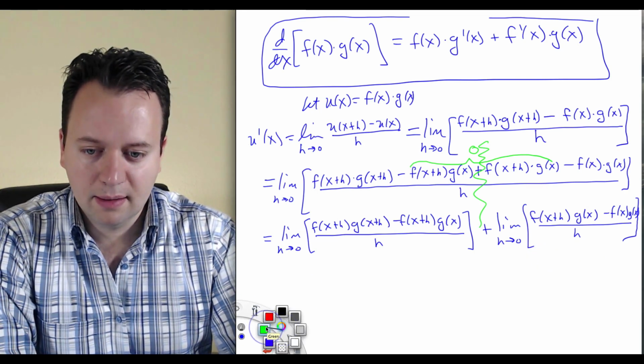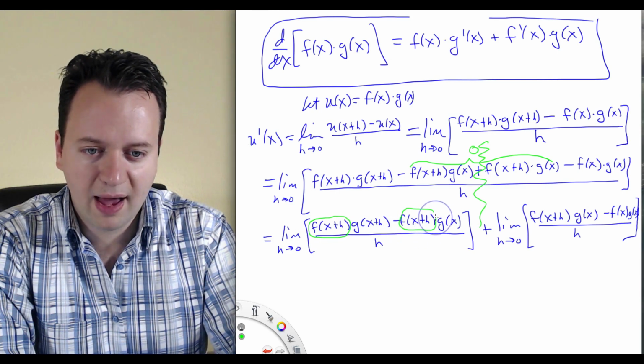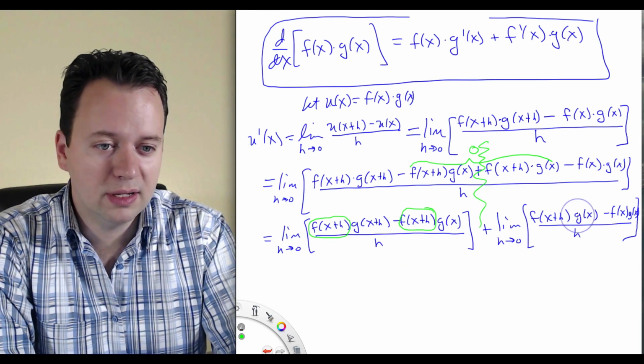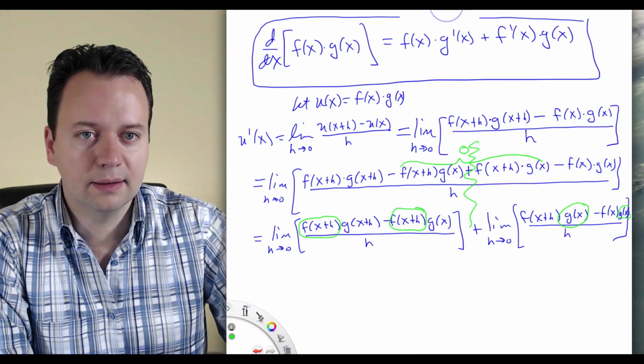Okay, now the first expression has a common factor of f of x plus h, and the second one has a common factor of g of x.